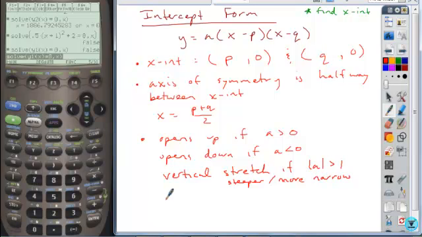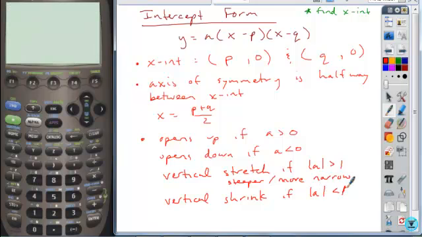And then it's a vertical shrink if the absolute value of A is less than 1, as a fraction. And again, that's going to mean that it is a flatter or wider graph.